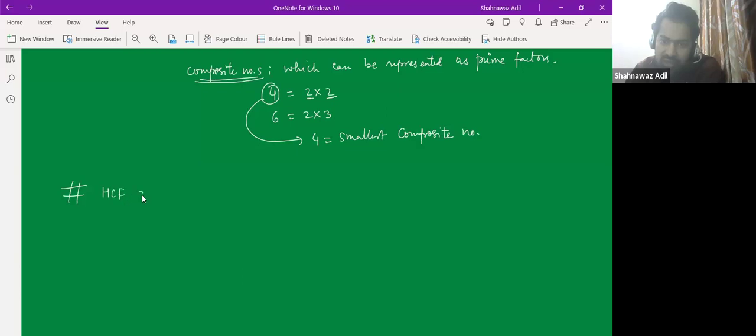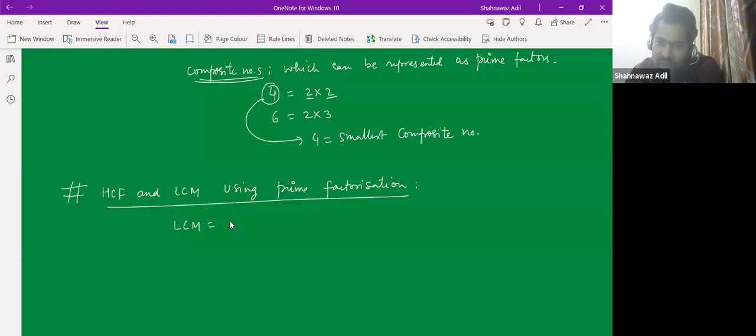HCF and LCM. For LCM, it is the highest common power and the rest of it.